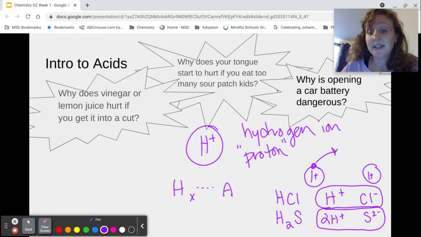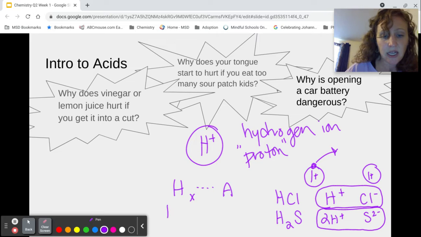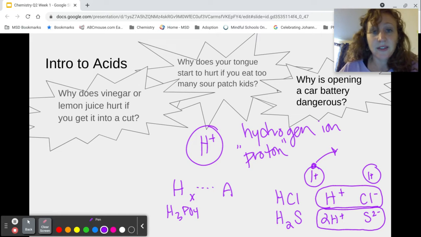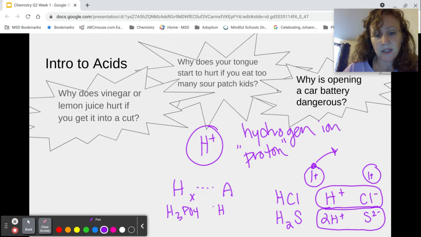You can have acids that are formed with polyatomics as well, like H3PO4. This is phosphoric acid. It's made when you mix 3 hydrogen atoms with one phosphate ion.